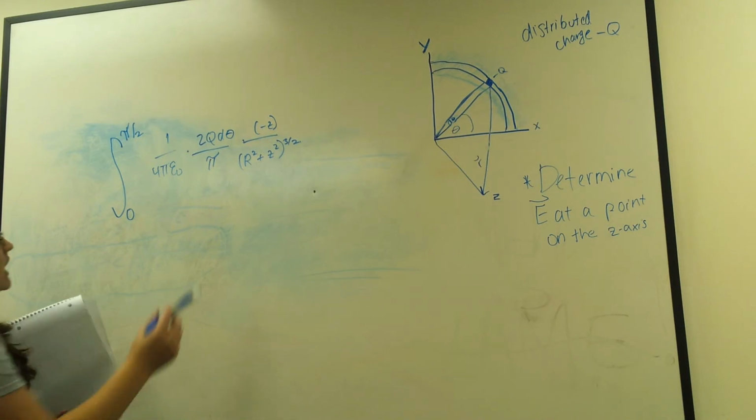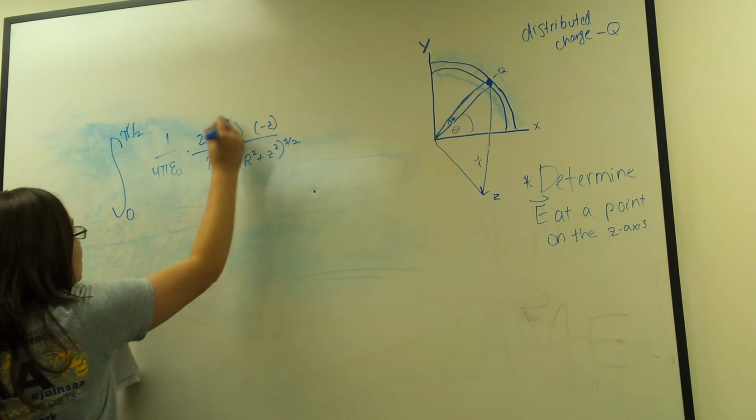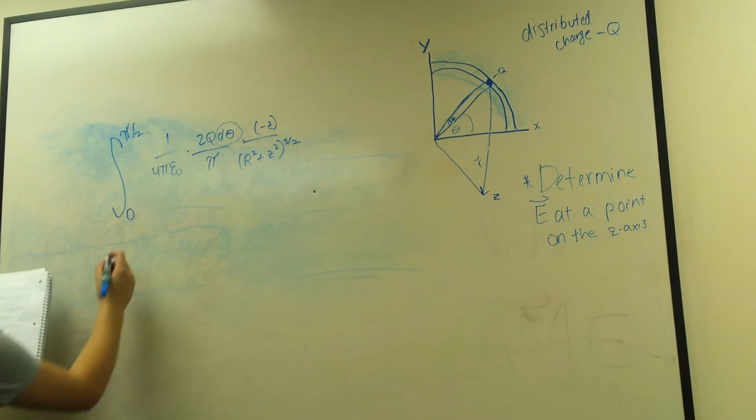Since we're integrating d theta, this is the only thing left in front of the integral sign, and everything else gets pulled to the left side.